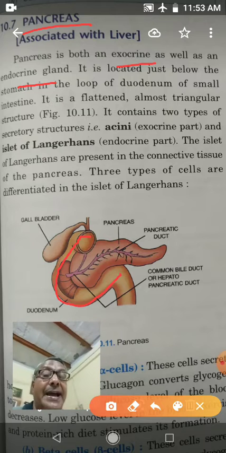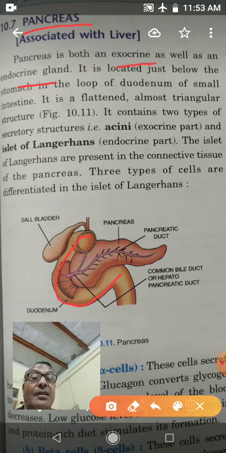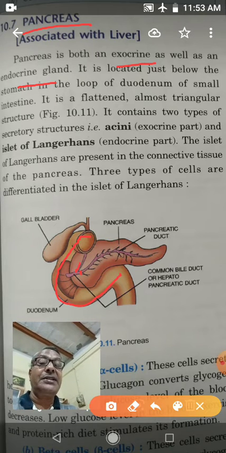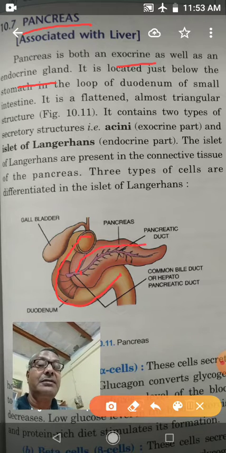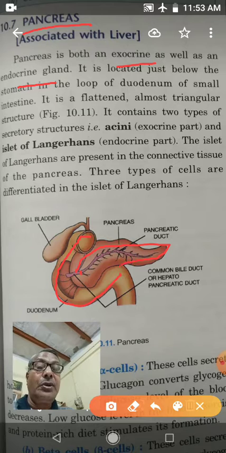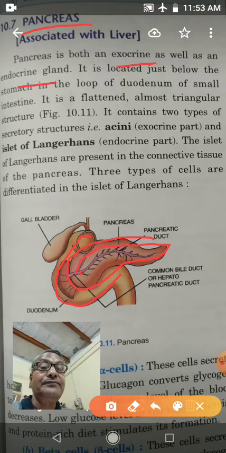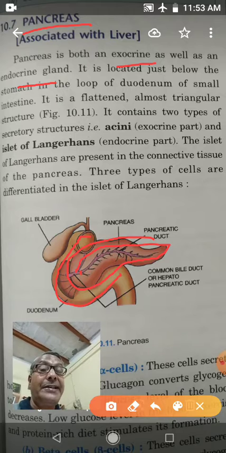This pancreas is an elongated gland present in the loop of the duodenum. It is flattened and almost triangular in shape.